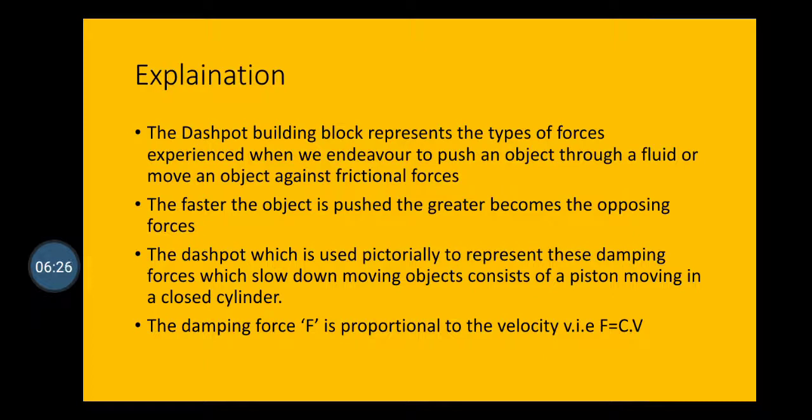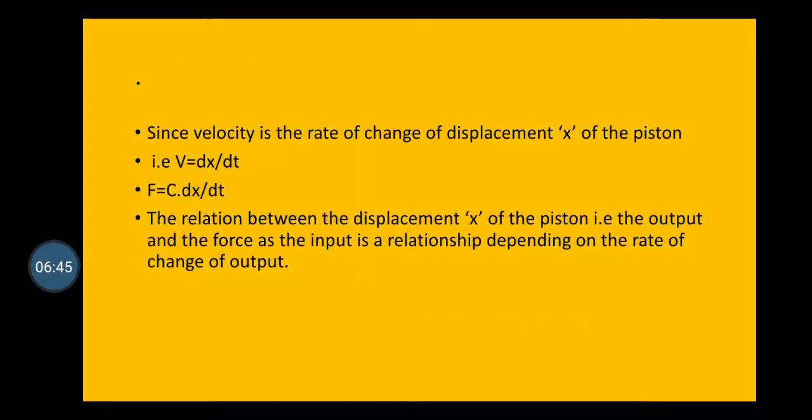In the ideal case, the damping or resistive force F is proportional to the velocity V of the piston. Thus, force F is equal to C into V, where C is a constant. The larger the value of C, the greater the damping force at a particular velocity.